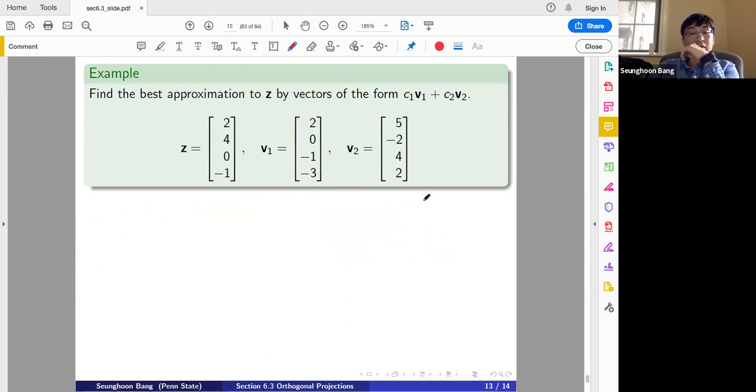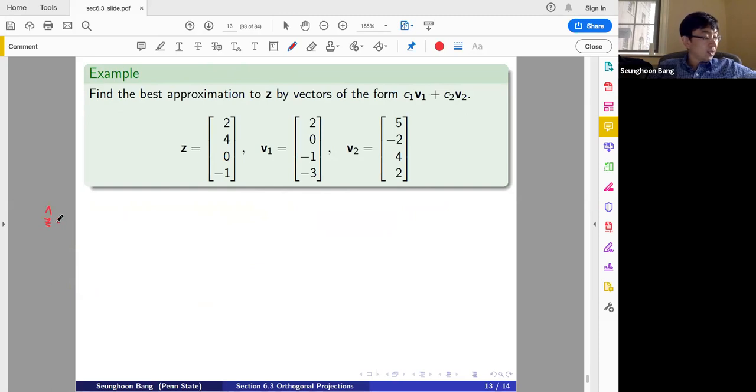The second one: find the best approximation to z by a vector of the form c1 v1 plus c2 v2. How can you find the best approximation to z? Same as before, we can find z hat.